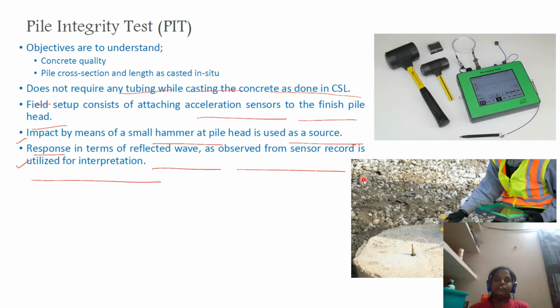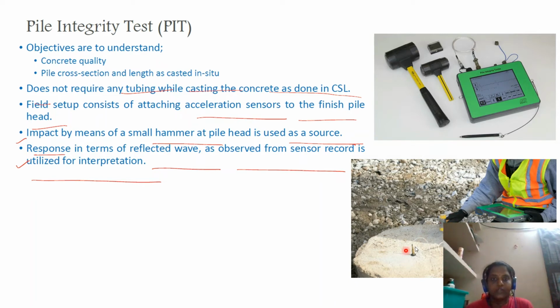Okay, so in sonic logging we saw that we have to use some PVC pipes during the formation of the concrete itself. Whereas in the pile integrity test, we no need to do any arrangement like this. This pile integrity test can be conducted on finished piles.